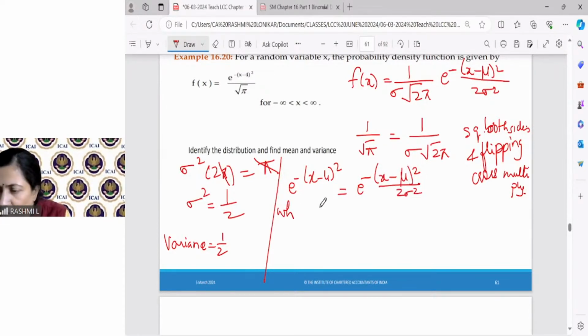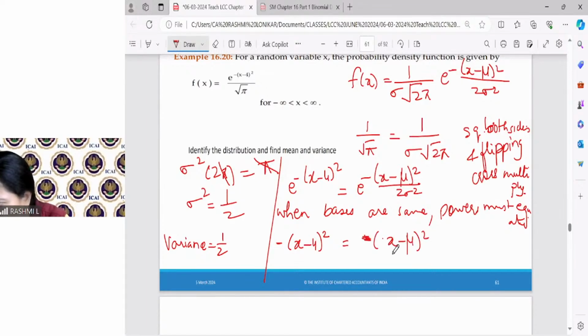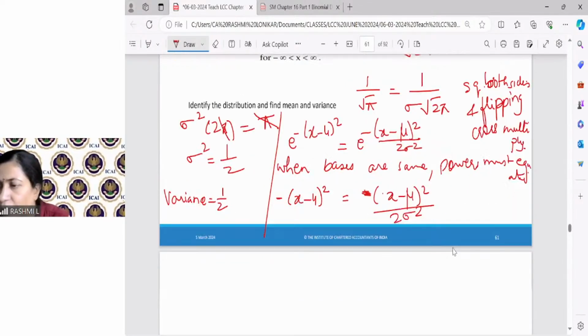Okay, when bases are same, powers must equate. याद है फर्स्ट चैप्टर में पढ़ा था, एक्सपोनेंशियल्स जहां पे पढ़ा था. So when bases are same, so what I have, minus x minus 4 whole square should be equal to minus x minus mu whole square upon 2 sigma square, right?